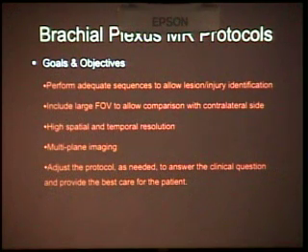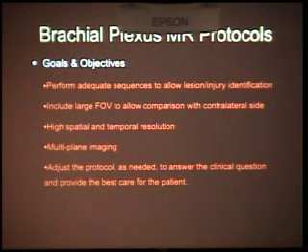Protocol-wise, again, find out which side is affected, because that's where you're going to image with a smaller field of view, and you'll get better quality images. You'll also decrease the scan time for the patient, so they don't have to lay in there quite as long. The coronal images will get both sides, and then the sagittal and axials will be more tailored to the affected side.